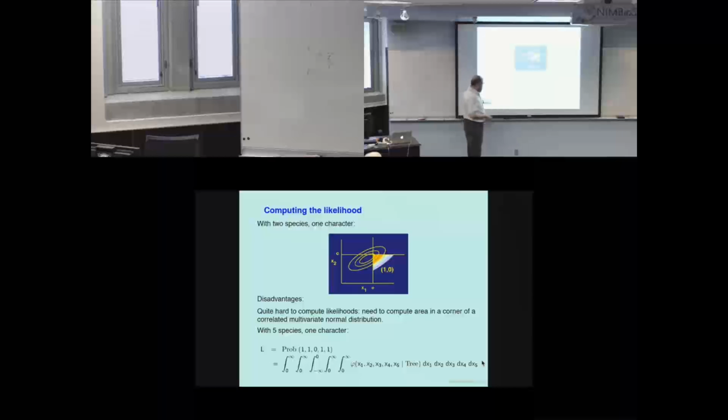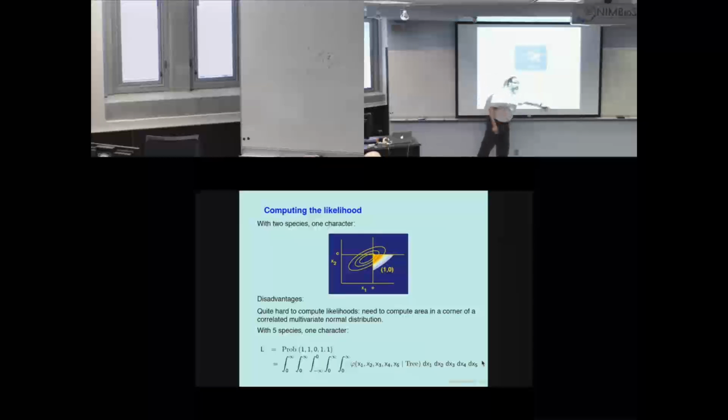More formally, here's a case with like 5 individuals connected on a tree. I haven't specified the tree, but it's there. The probability of a particular combination of states is just a multiple integral 5 times, going from either the threshold upwards or from minus infinity to the threshold, depending on which of these we're talking about.